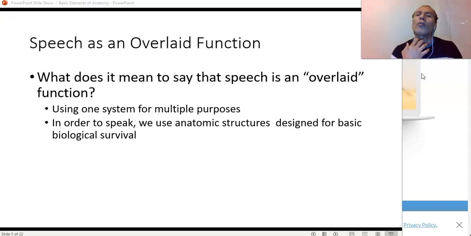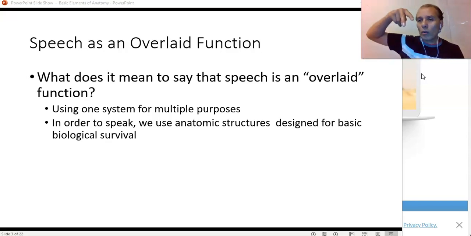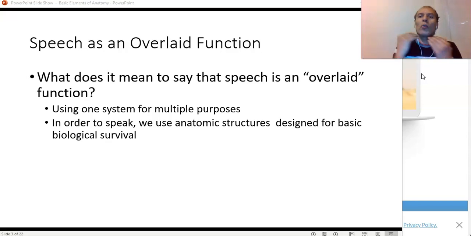Well, we use the vocal folds to breathe. As we breathe in and out, we use the vocal folds to trap the air if we want to, say, dive underwater, or if we want to build pressure, to push or pull, or carry something, we have to close the vocal folds tightly. So these are secondary functions.